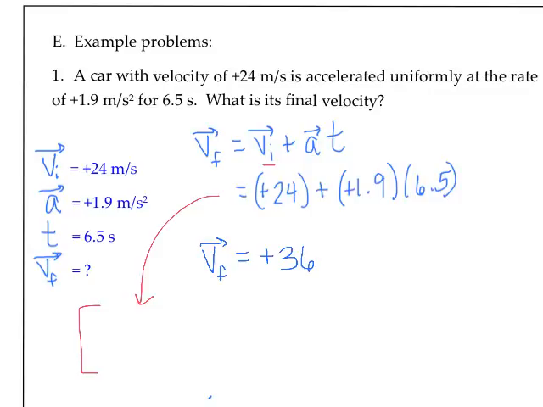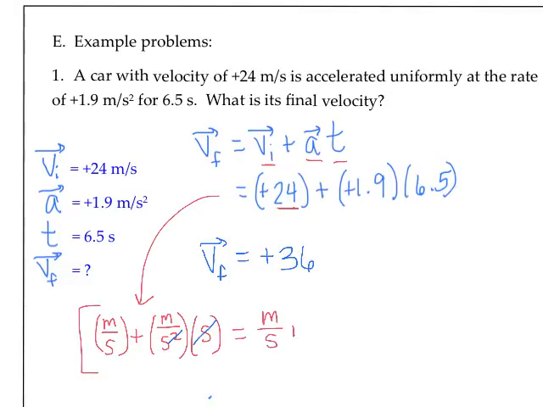My first number was a speed, and it was in meters per second. And then in my equation, instead of substituting in a number, I'm going to substitute in meters per second squared for the units on the acceleration, and units of seconds for the time for those two variables. Now I can see that the seconds here cancel out with those seconds, and that allows me to add meters per second plus another number in meters per second.